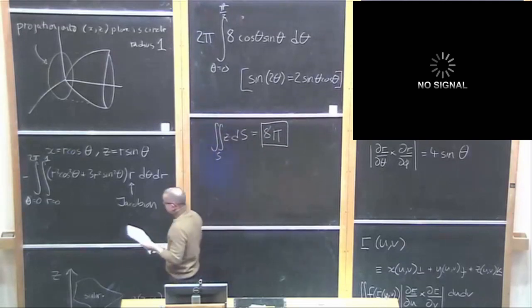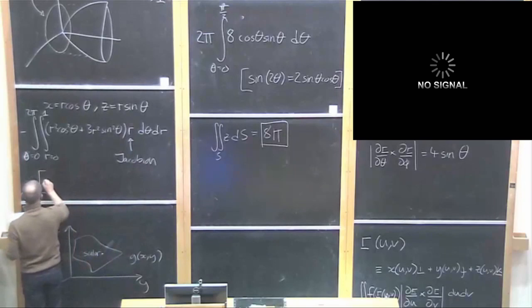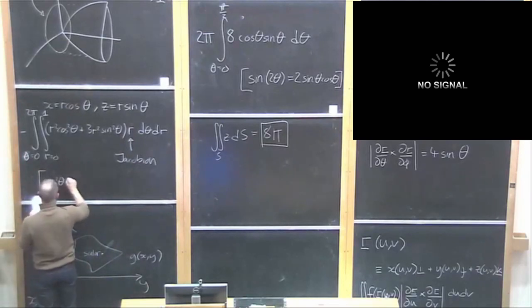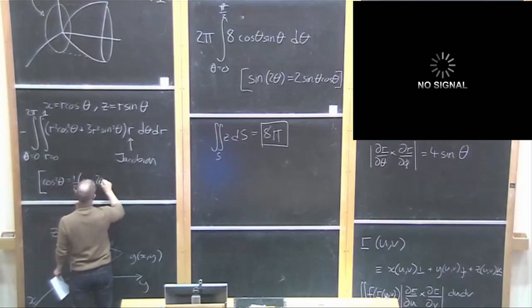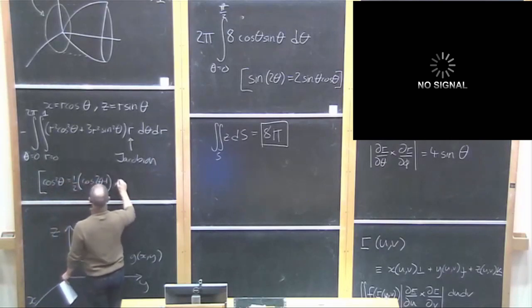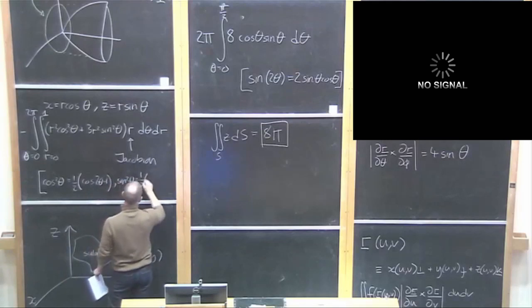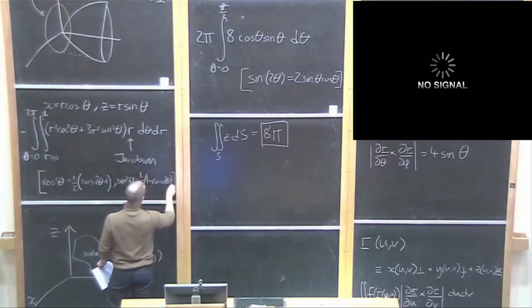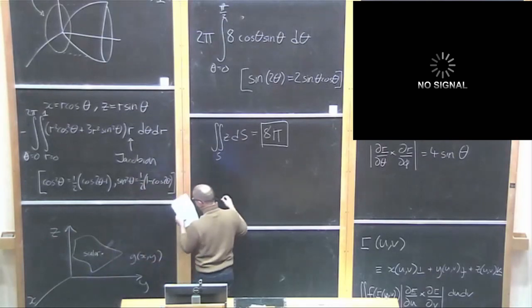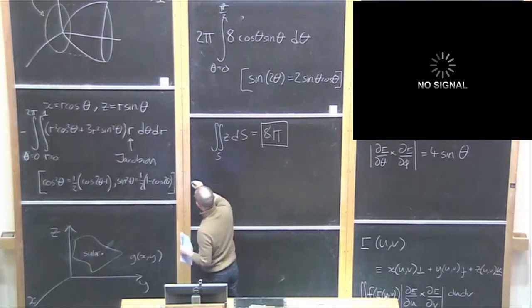And then you can make a couple of standard substitutions: cos squared theta equals a half of 1 plus cos 2 theta, and sine squared theta equals a half of 1 minus cos 2 theta. If you make those substitutions, you end up with an integral which you can solve.